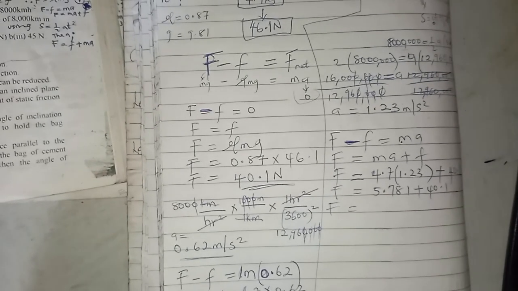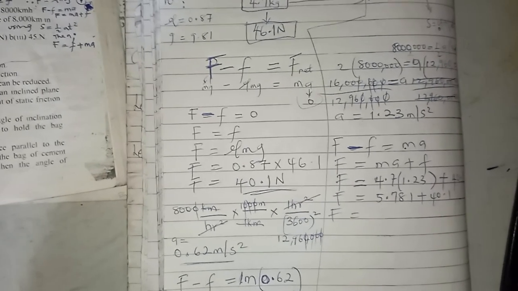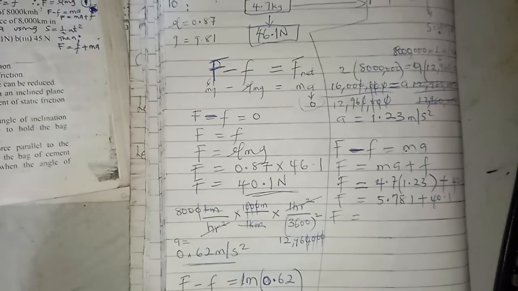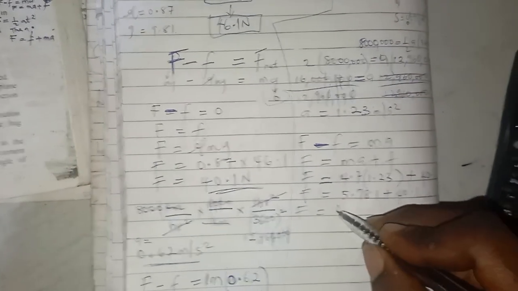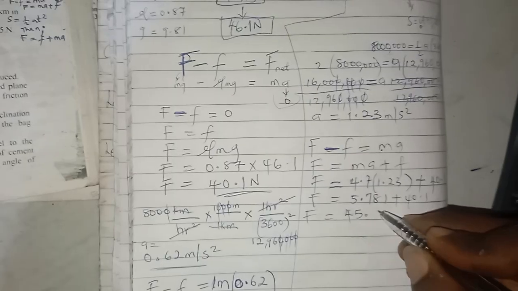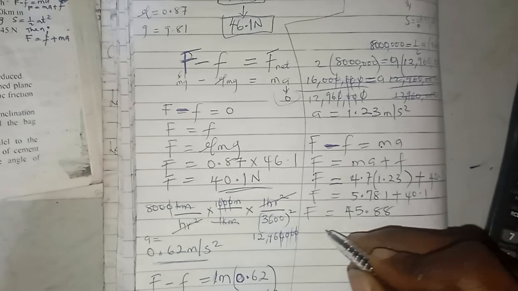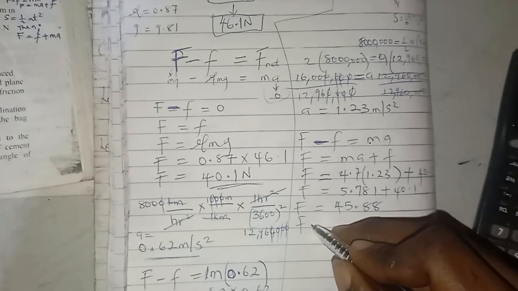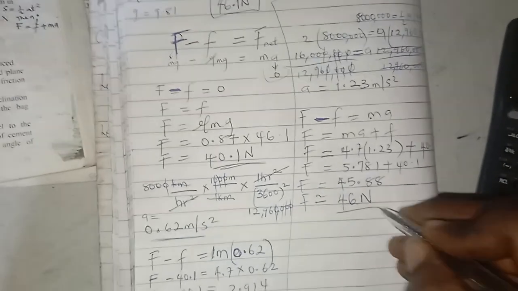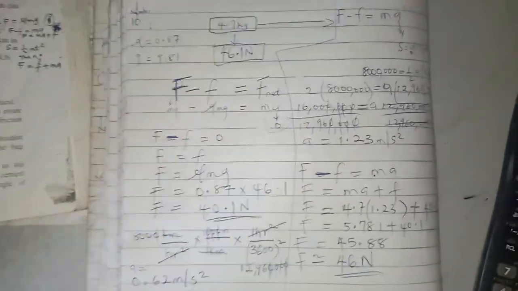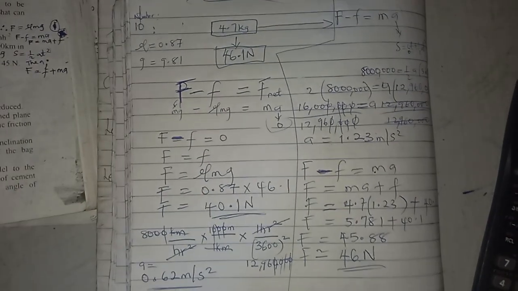So F will be equals to 40.1 plus 5.78, it will be 45.88. F is approximately 46 Newton. I know I'm correct. So there you have it.